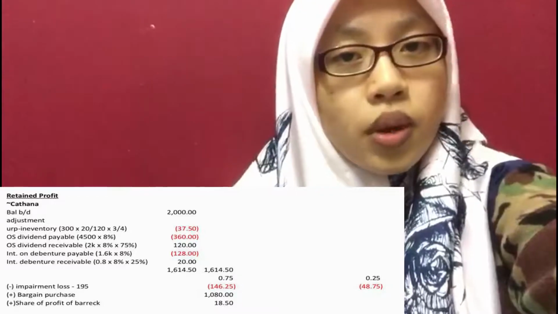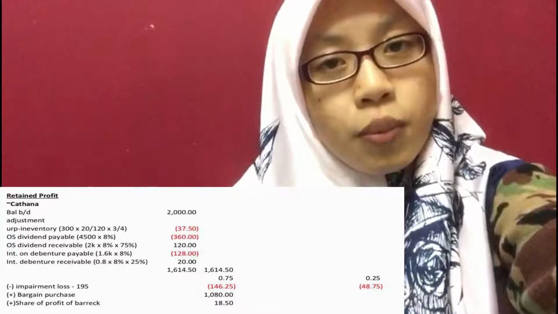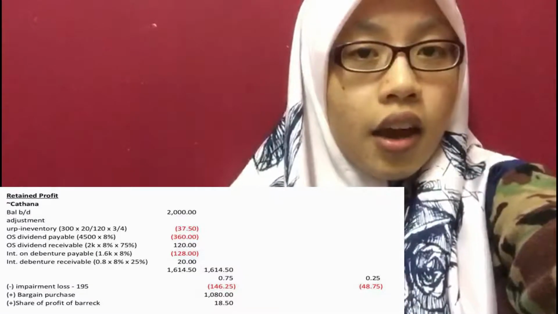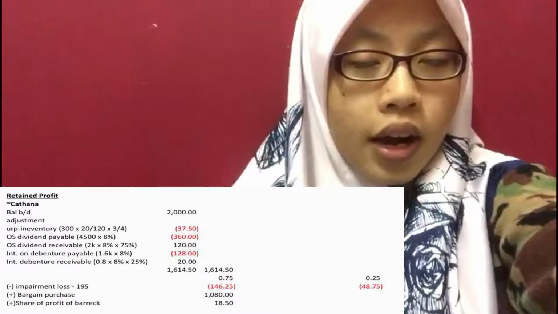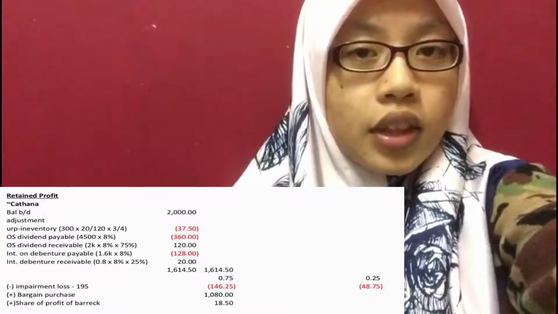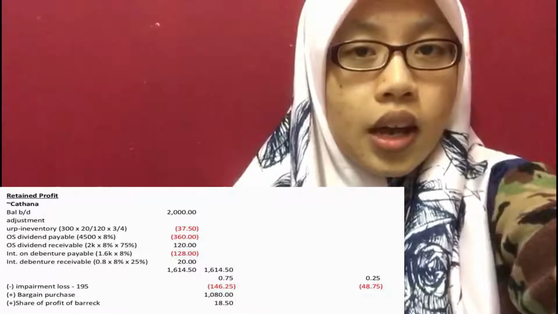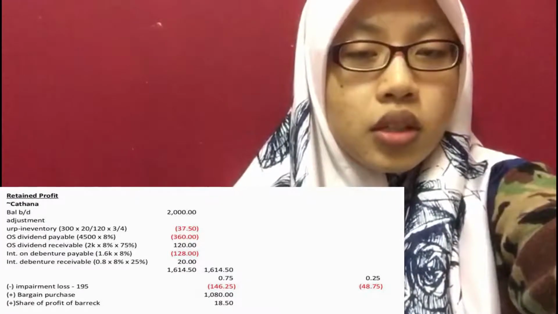We get 1080 put under the group retained profit. And the last item is the share of profit of Barrett 18.75, which is the URP and the bargain purchase of the associate.